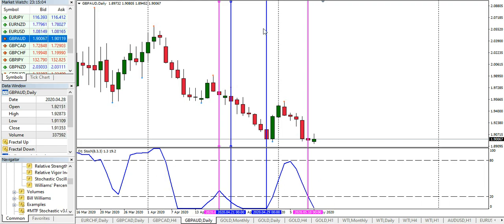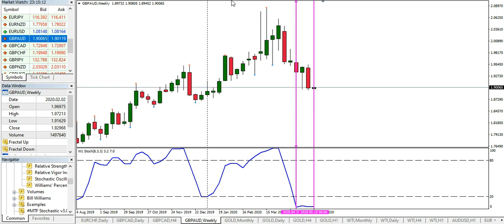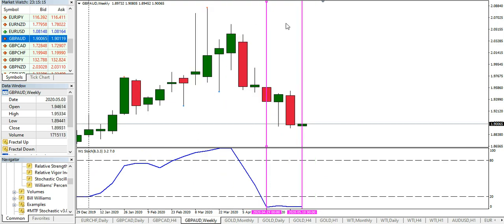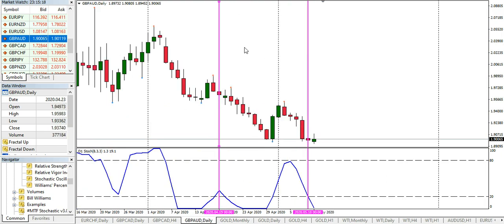Okay, now let me go back to something here. If the weekly time frame is telling us to buy, because the weekly time frame is saying that our focus should be on buying, and when we go to the daily the daily stochastic oscillator is in the sell zone or near the sell zone, we are not going to look to enter into the market.